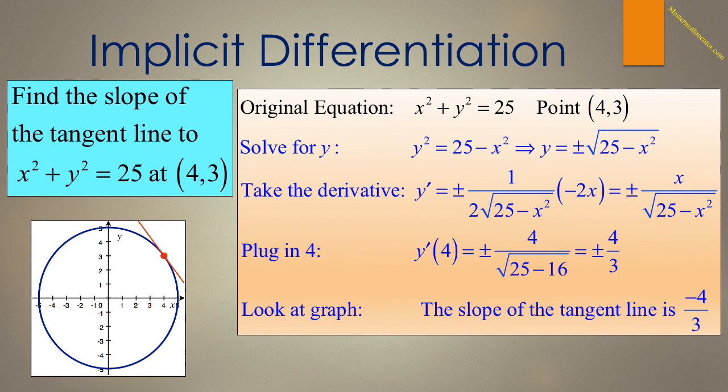And with the chain rule, we multiply that by negative 2x, getting plus or minus x over the square root of 25 minus x squared. We then plug in 4, and we get y prime of 4 is equal to plus or minus 4 over the square root of 25 minus 16, or plus or minus 4/3.